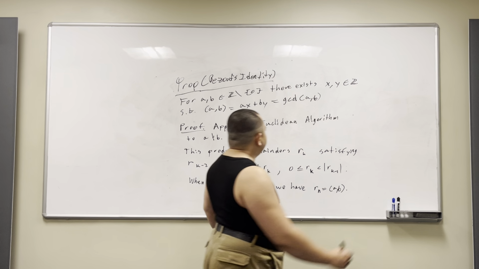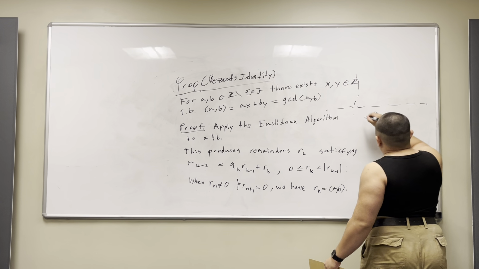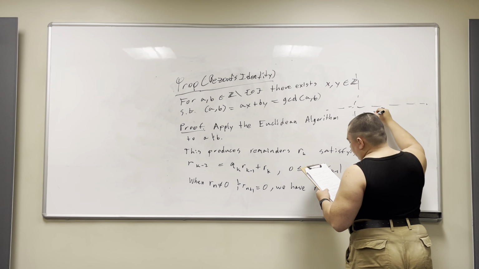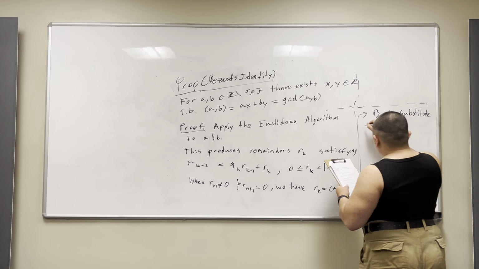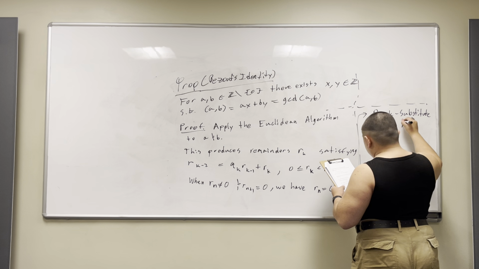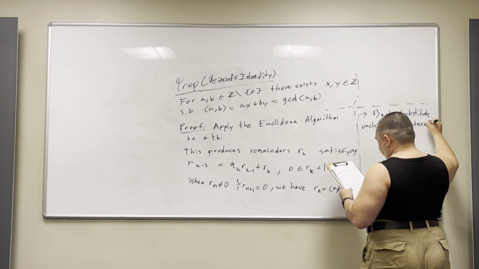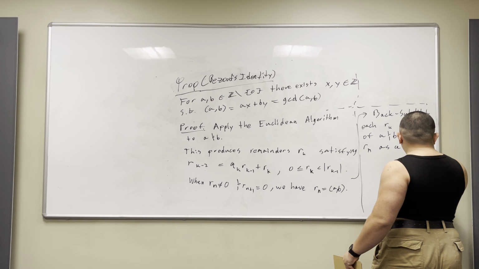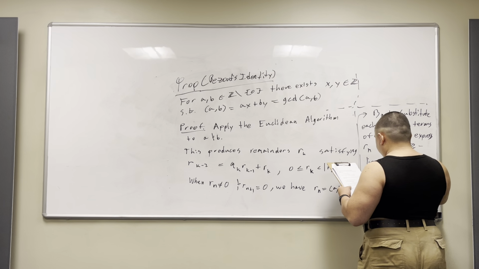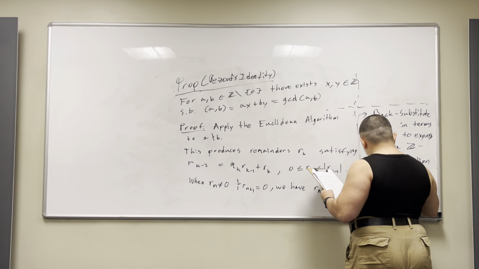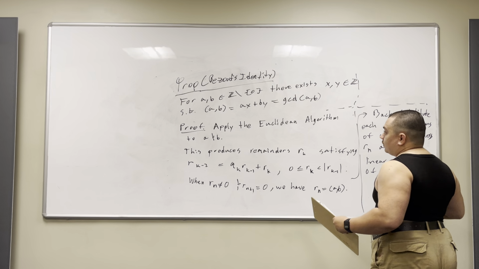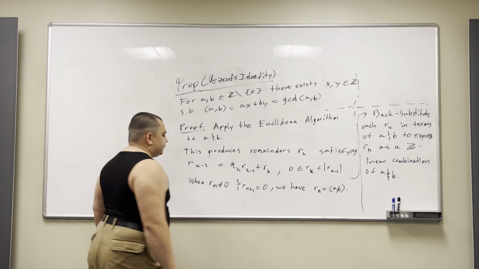And we can do this thing, which we'll go more in depth into later, in which we back substitute each r sub k in terms of a and b to express r sub n as an integer linear combination of a and b, which is what we set out to prove in fancier wording, but there it is.